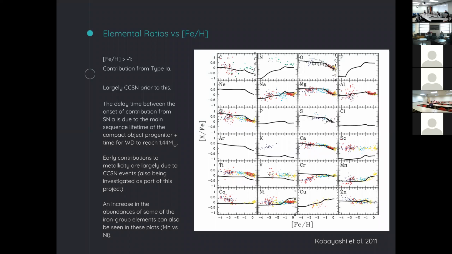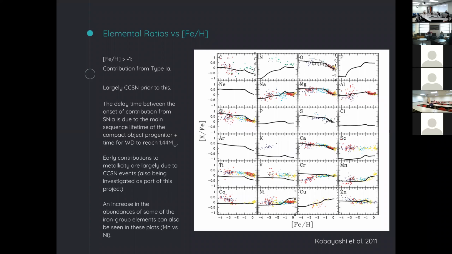You can see that around about -1, many of the alpha elements, neon for instance, magnesium, take a steep downwards trend, and this is because, as I mentioned a couple of slides ago, core collapse supernova, which are massive stars, have very short lives.